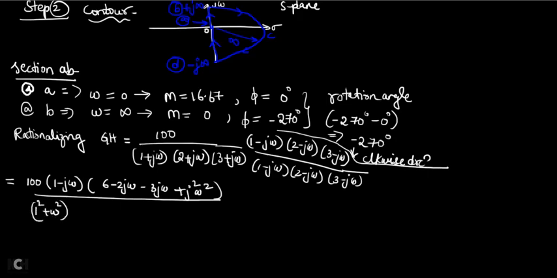And 2 plus j omega, 2 minus j omega, you can write as 2 square plus omega square. And 3 plus j omega, 3 minus j omega, you can write as 3 square plus omega square.